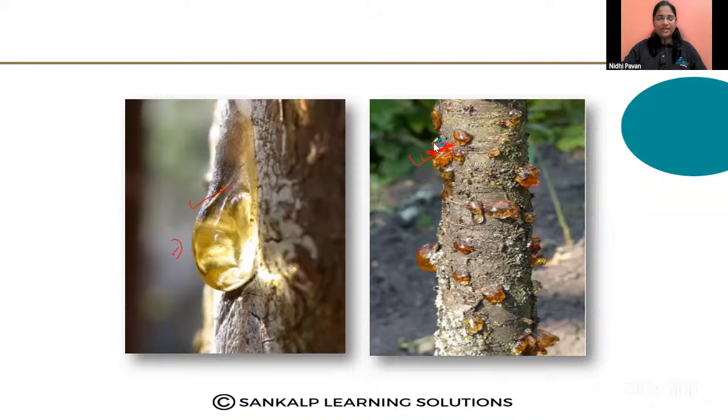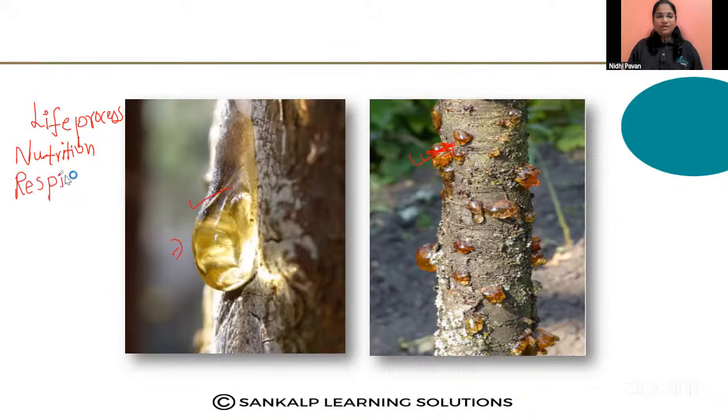Understood? Fine. So here in the life process, we learned the concept of nutrition, how nutrition occurs in amoeba, how nutrition occurs in human beings, how nutrition occurs in plants, right? Then after nutrition, we learnt about respiration.